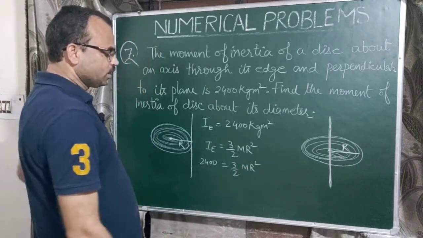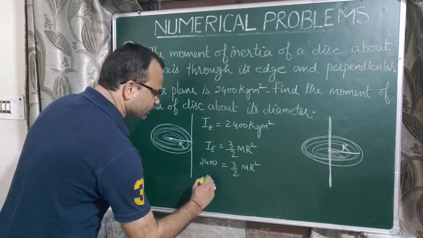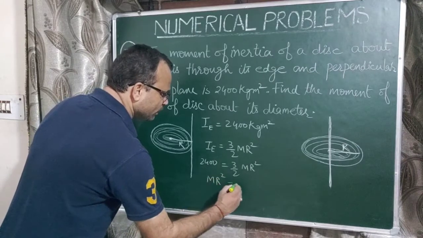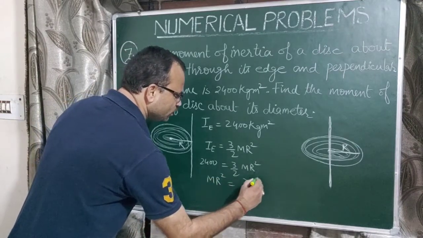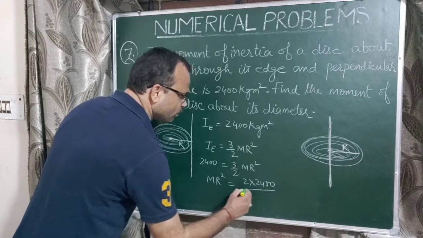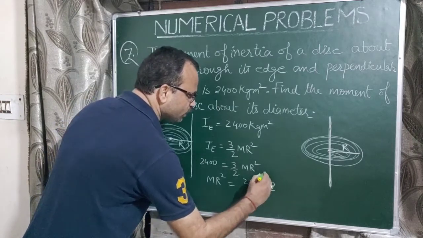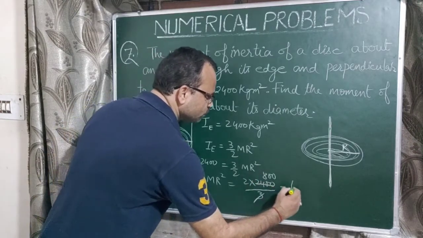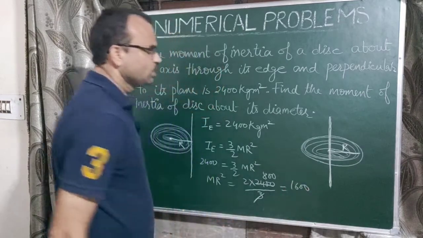So from here we can find the value of m r square, which is 2 into 2400 upon 3, means 1600.